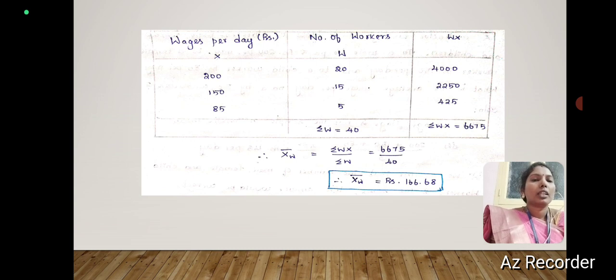So multiply W into X. The sum of all these workers, summation W, is 40, and the sum of the third column, summation Wx, equals 6675. We apply the formula x̄w equal to summation Wx divided by summation W, and we get the answer as 166.88. This is the weighted arithmetic mean of this problem.